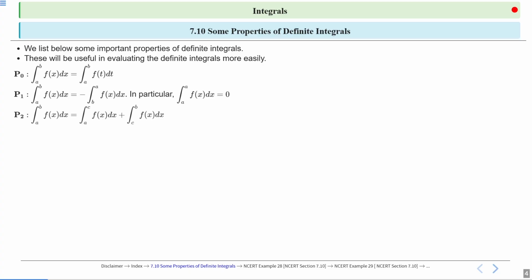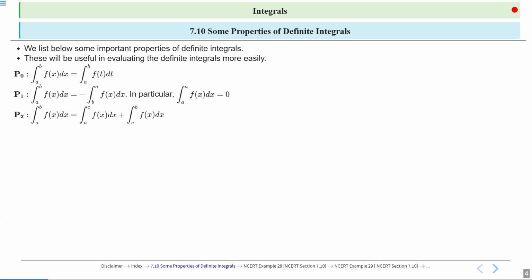Property number 2, P2, is: the definite integral from a to b f(x) dx is equal to the definite integral from a to c f(x) dx plus the definite integral from c to b f(x) dx. This property says that we can split the interval and find the value of definite integral. Here the interval a to b is split into two parts, a to c and then c to b. So a definite integral can also be split into two parts.